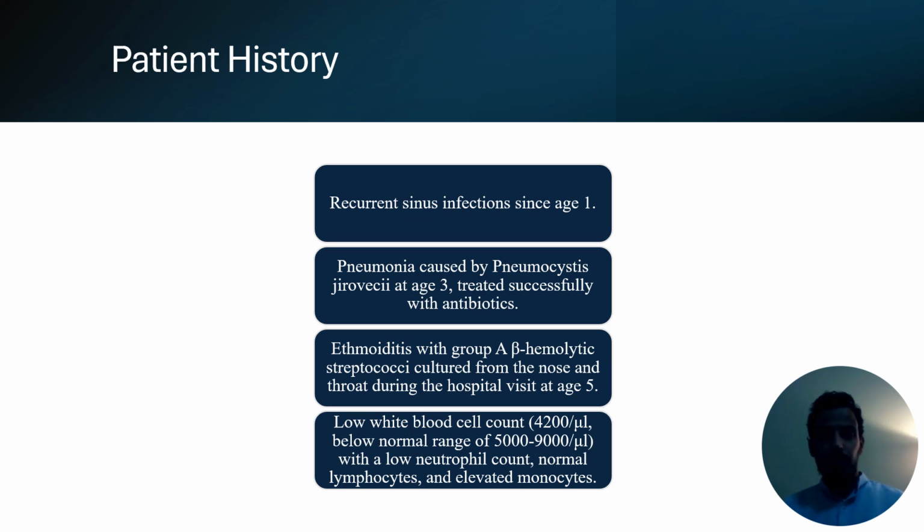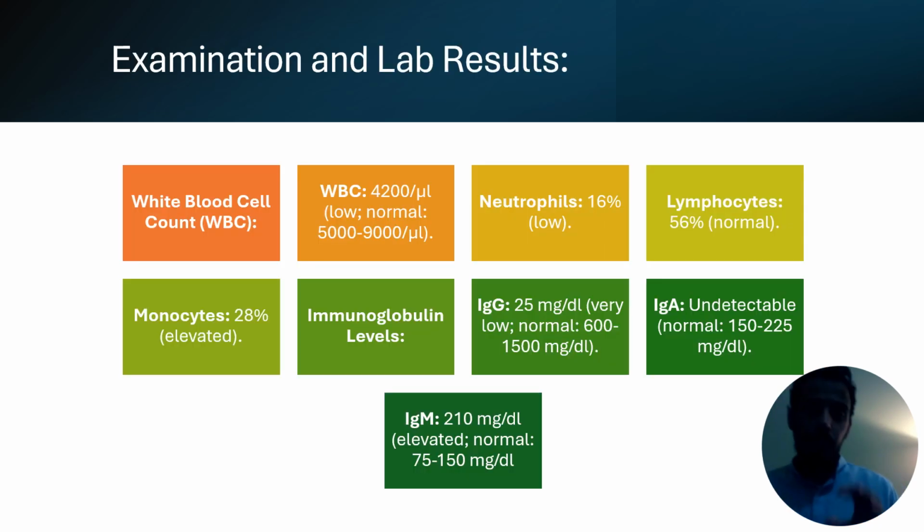Notably, the laboratory results show low white blood cell counts, which is below the normal range. This includes low levels of neutrophils, normal lymphocyte levels, and elevated monocytes. It is very important as a doctor to look at laboratory findings, focusing on the white blood cell counts and immunoglobulin levels, which provide important insights into immune function.